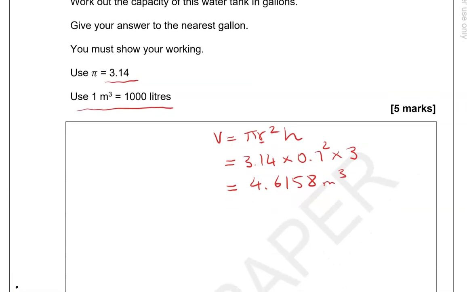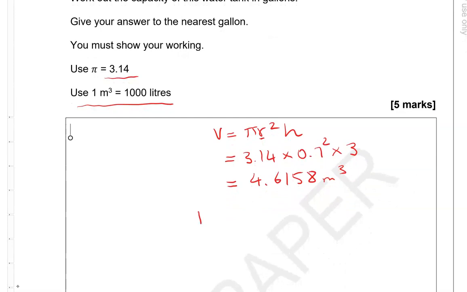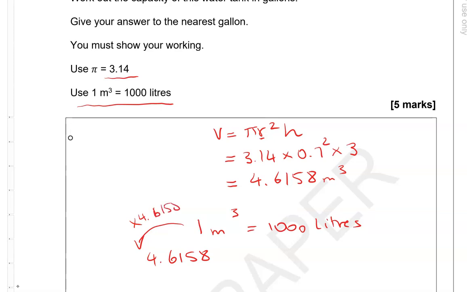So 1 cubic meter is equal to 1000 liters. What about 4.6158 cubic meters? So that means we've multiplied this by 4.6158.